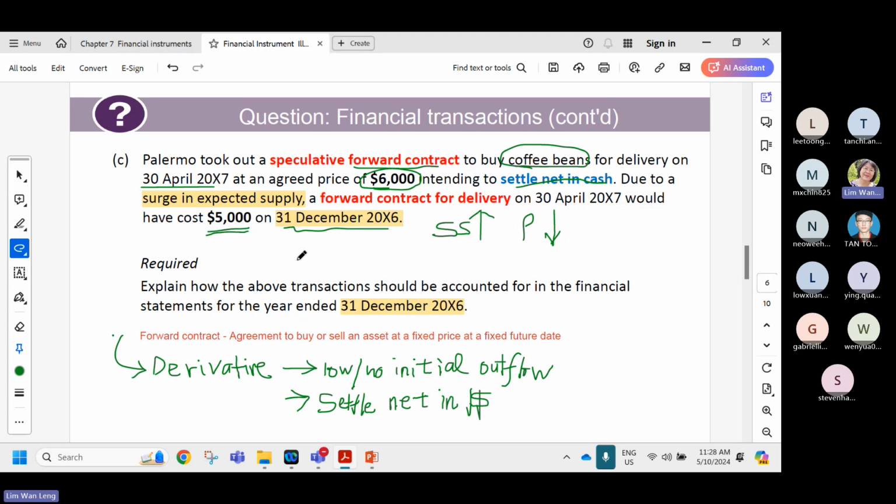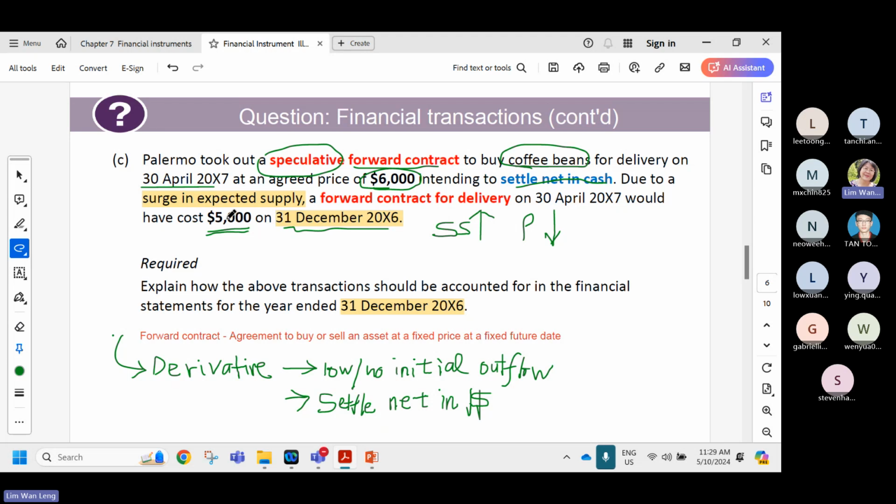Since the word is speculative, it doesn't mean that you will always make a gain. If you don't do your homework well, or there are some adverse conditions beyond your control, you may end up having a loss. Speculative nature is like this. High risk, high returns.